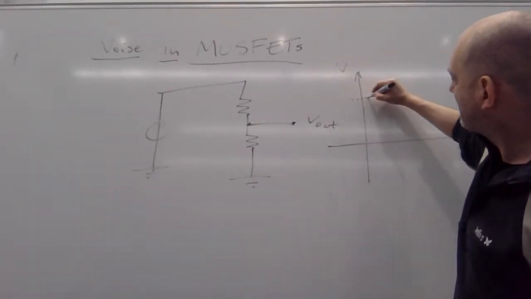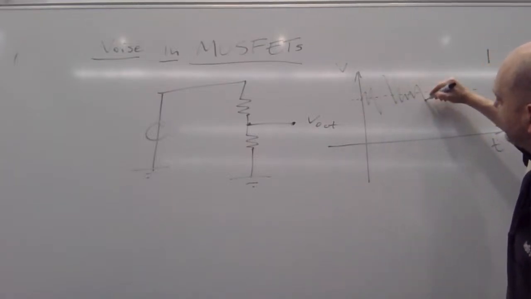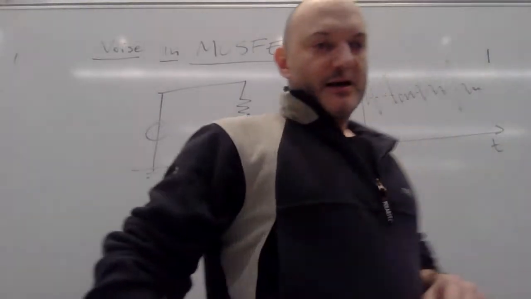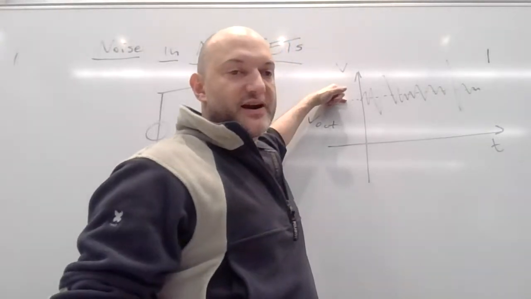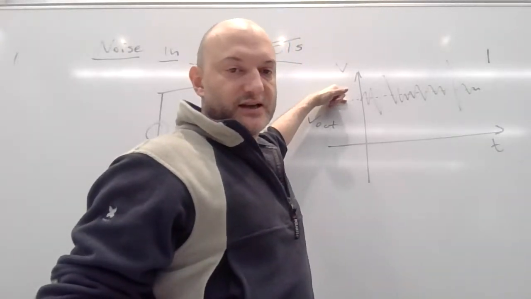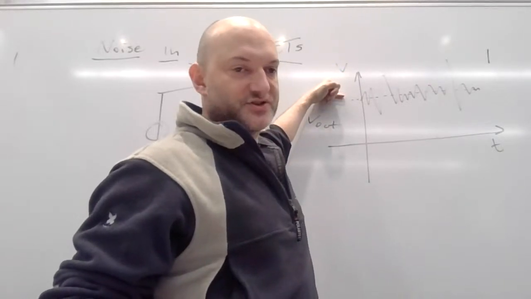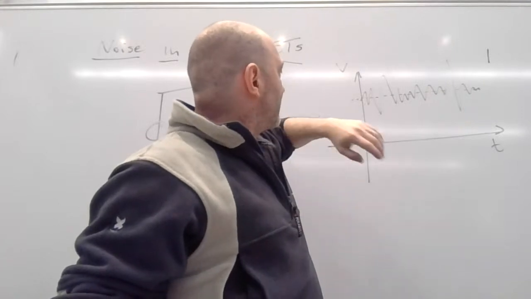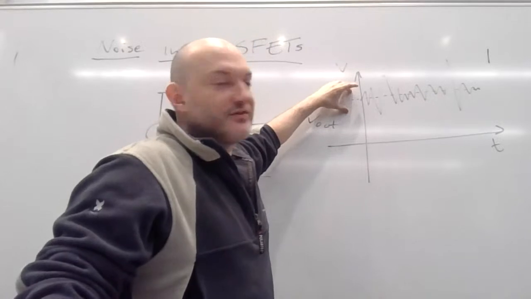We will have a fixed average value and then fluctuation on top of it. Now the average value here is what we usually refer to as the voltage of the node. So what we refer to as the voltage of the node would be the time average of the voltage.